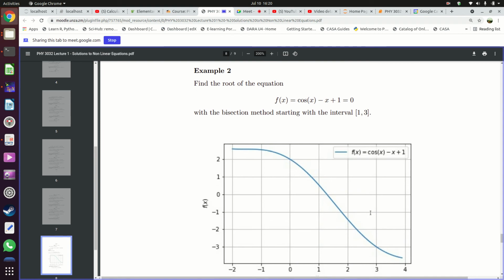So here, example number 2: find the root to the equation f of x equals cos x minus x plus 1 equals 0, with the bisection method starting with the interval 1 and 3. So basically the interval I'm looking at here, that's a function.